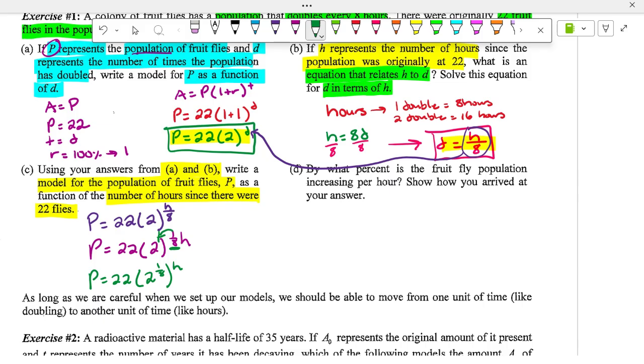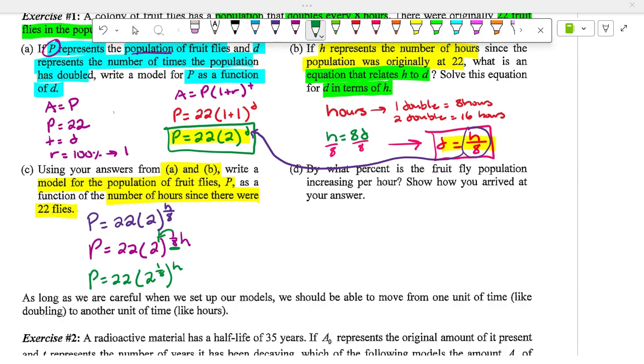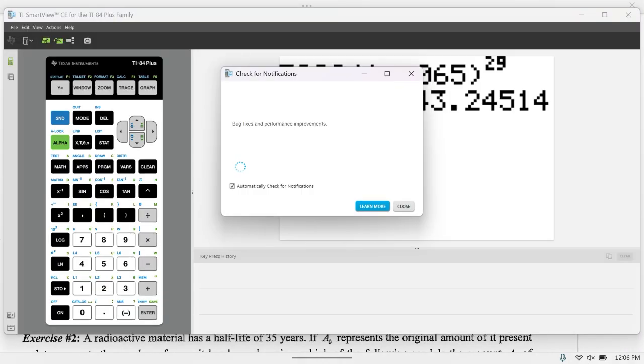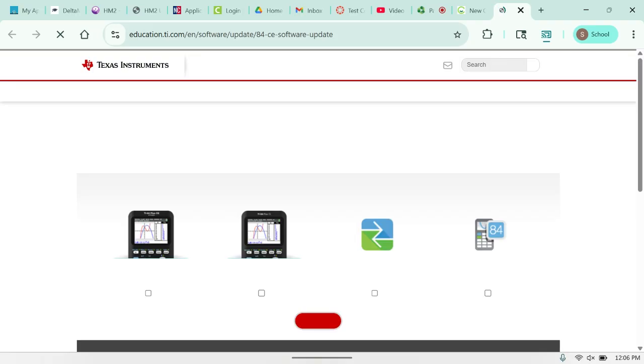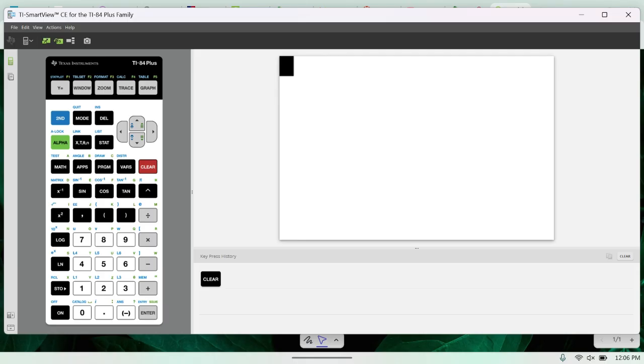And then finally, we're just going to put in our calculator what 2 to the 1/8 is. Can someone do 2 raised to the 1/8 power and tell me what it is? I think it's going to be a decimal. 1.10105. All right, good.